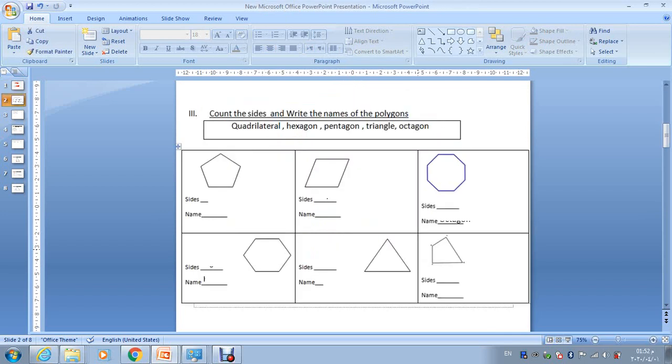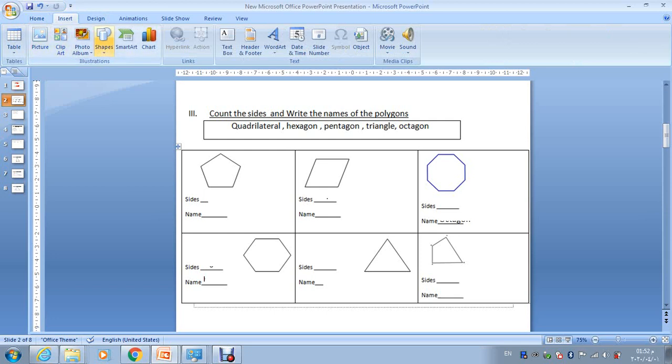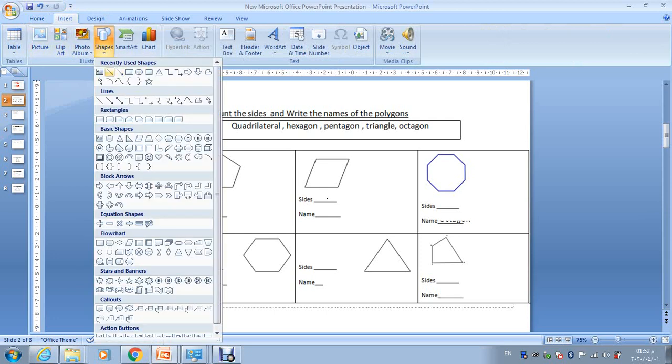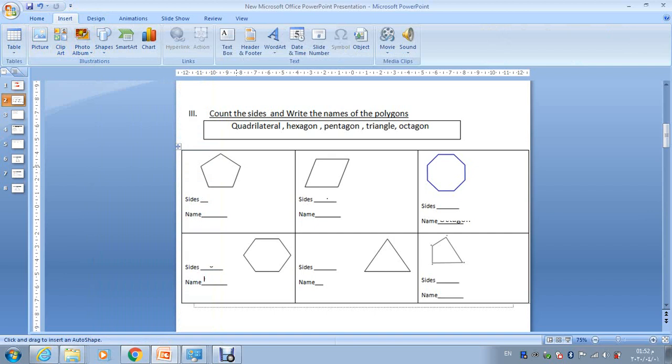Let's go now for the next question. Count the sides and write the names of the polygons. So we will be counting the sides. How many sides do we have in the first one? Like here, 1, 2, 3, 4, and 5.